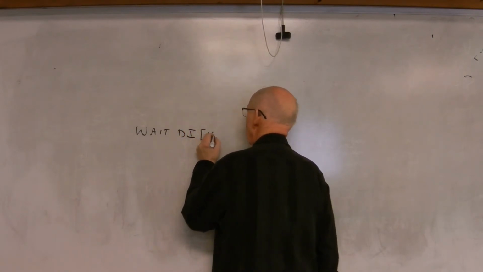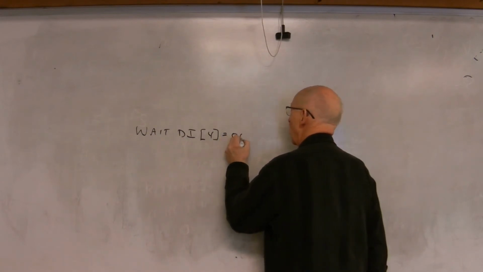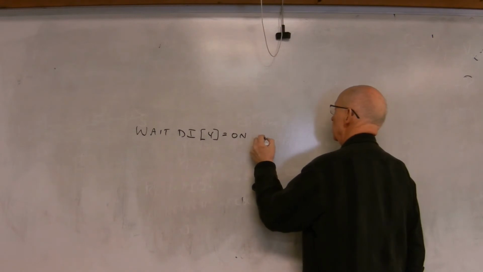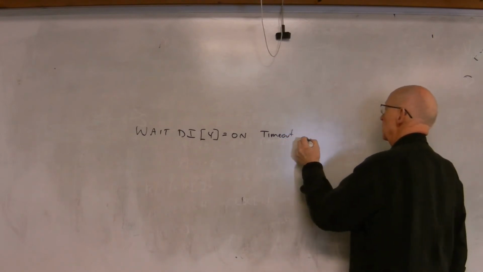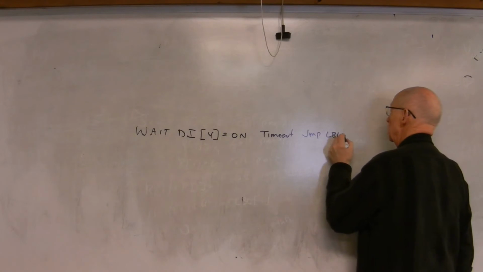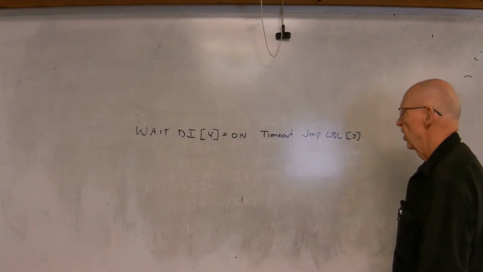Let's say we're looking at digital input number 4. Let's say we're looking at label 3.